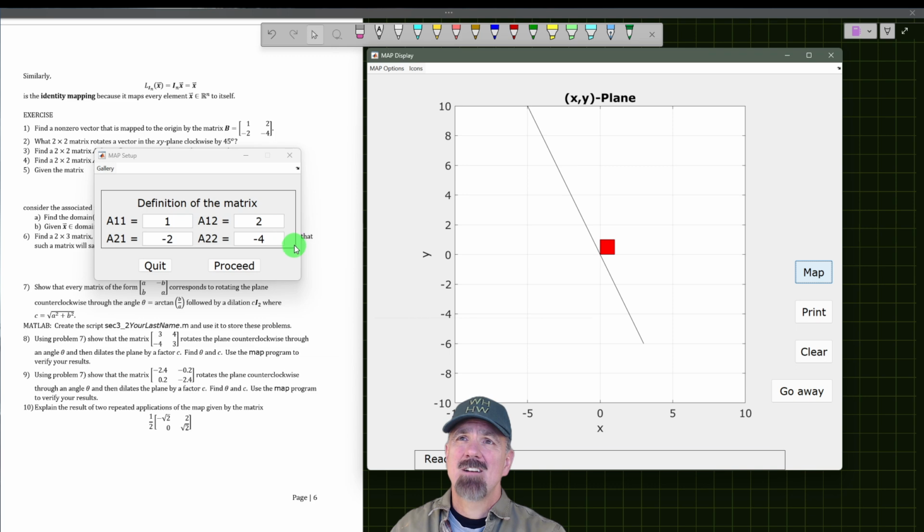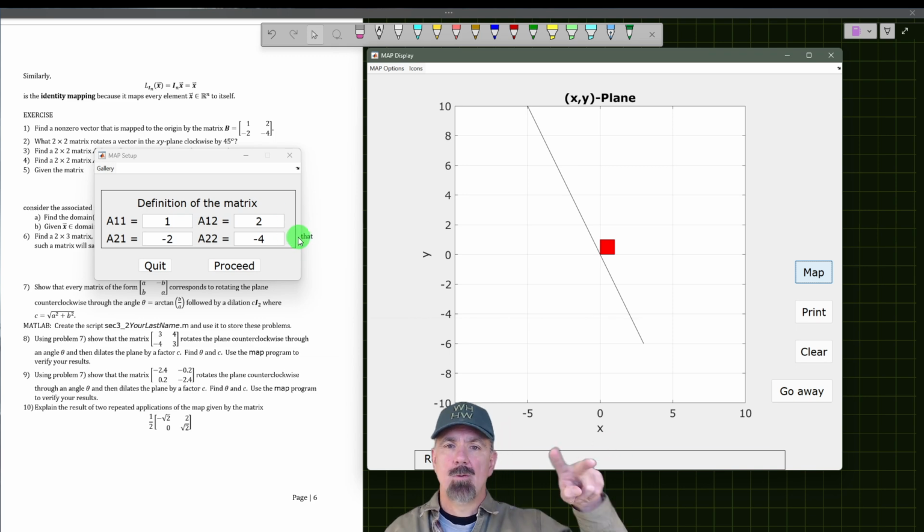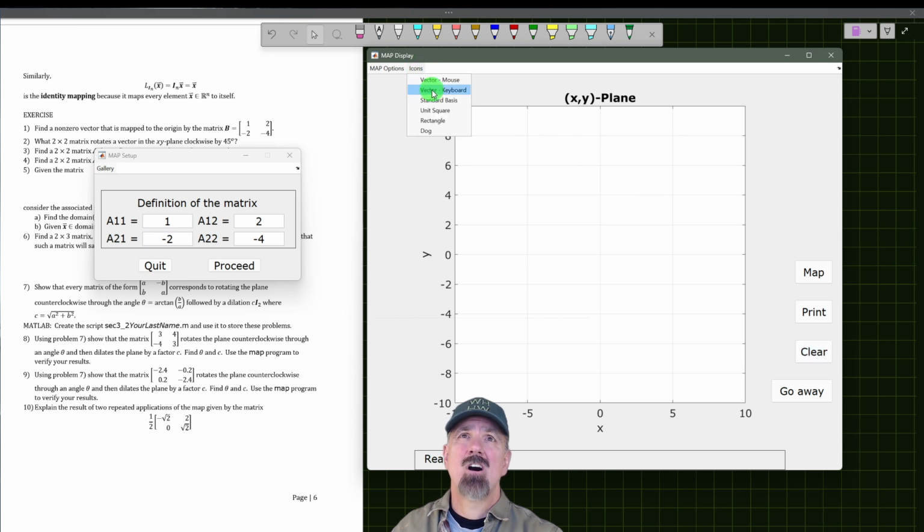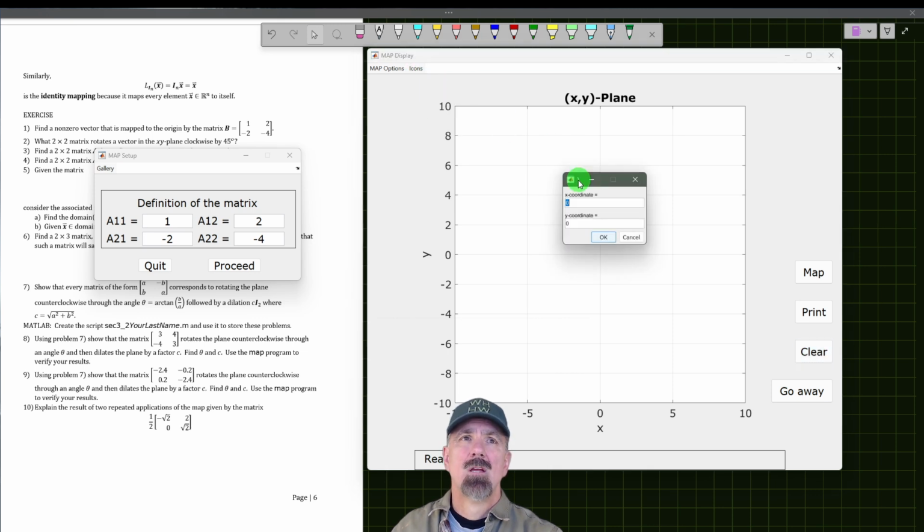So if we think about a vector that we would multiply in, we would need 2 copies of the first column and -1 copies of the second column. So any vector, let me clear this, another icon is keyboard input. The keyboard input allows me to input a vector. I can input the vector (2, -1).